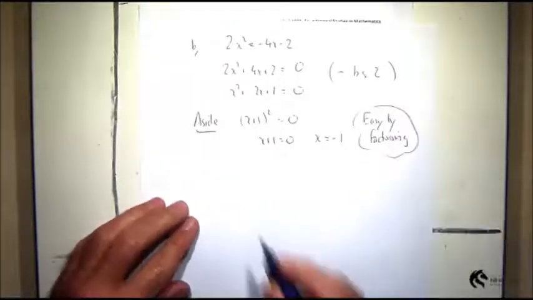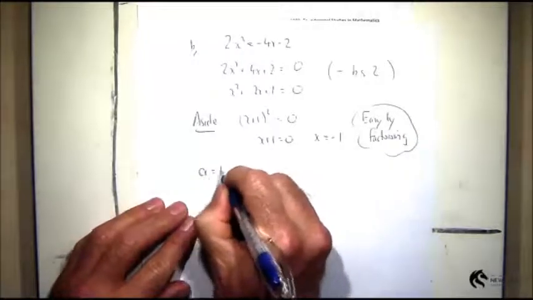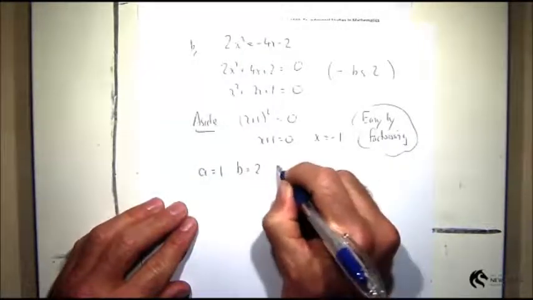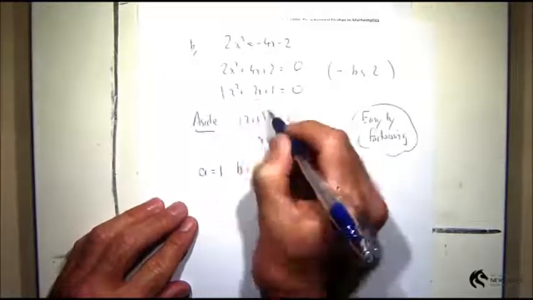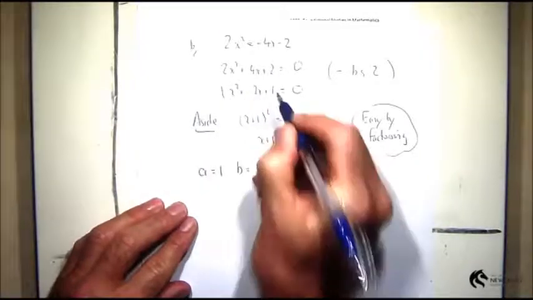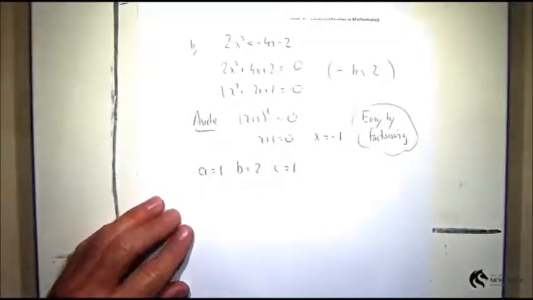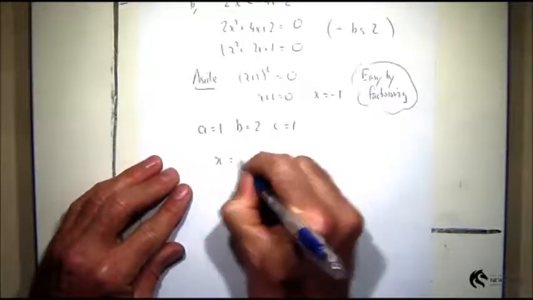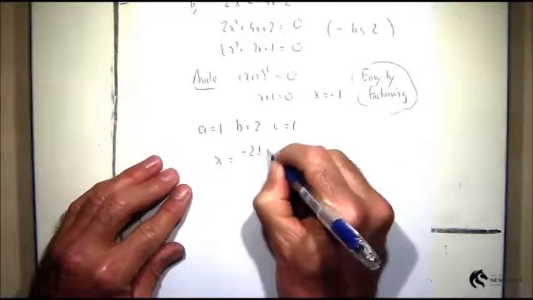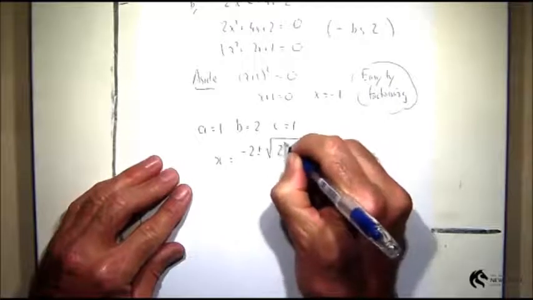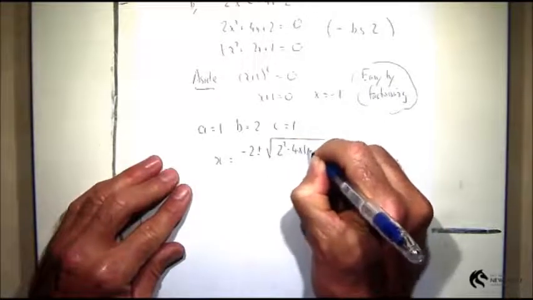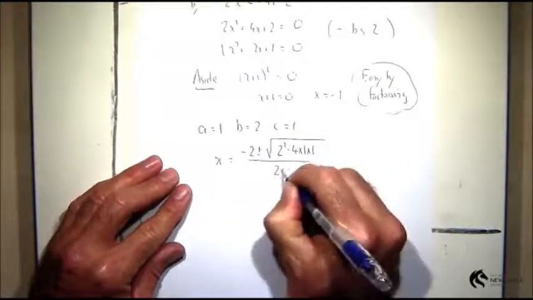So let's do it. So in here, if I'm going to use my formula, A would be 1, B would be 2, and C is 1. A is 1, B is 2, C is 1. Substitute into the formula and you get x is equal to negative b plus or minus the square root of b squared minus 4 times a times c, all on 2 times 1.